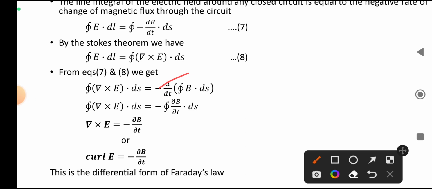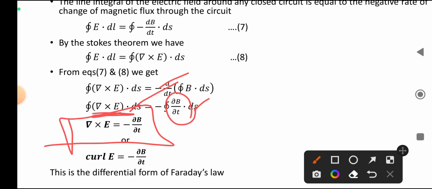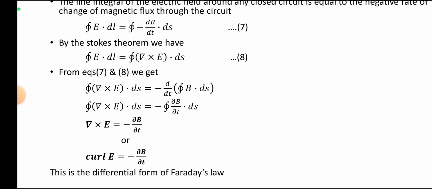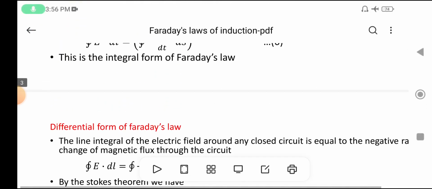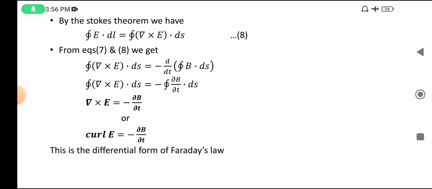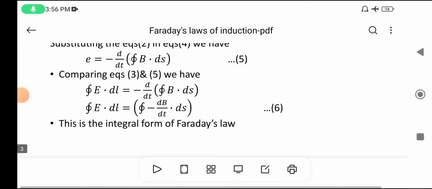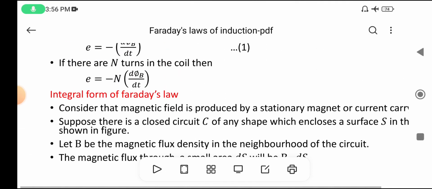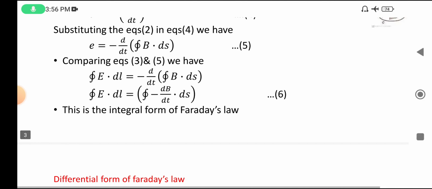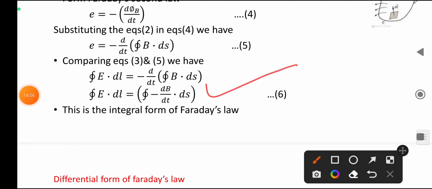In place of del cross E, you have minus dou B by dou t. So del cross E is equal to minus dou B by dou t, or curl E is equal to minus dou B by dou t. This is called the differential form of Faraday's law. So this is the differential form, and equation 6 is the integral form.